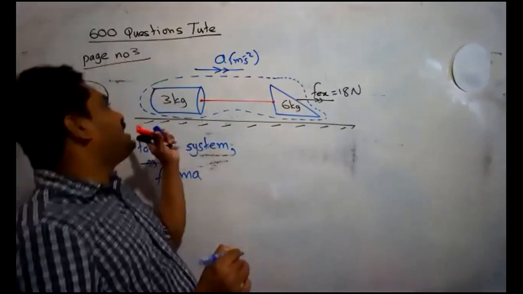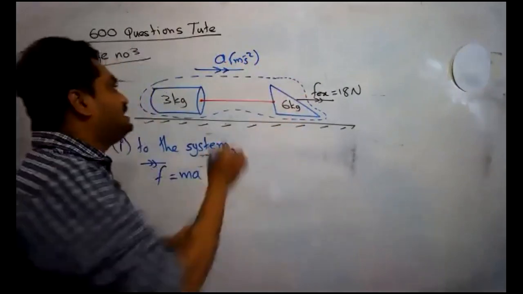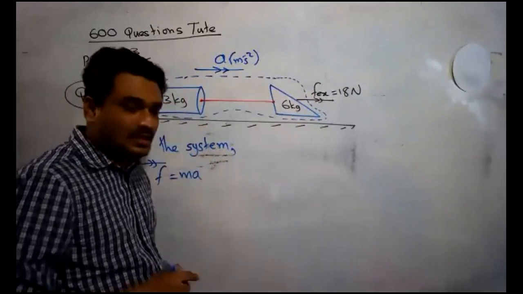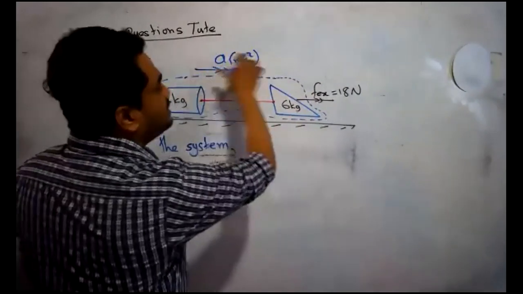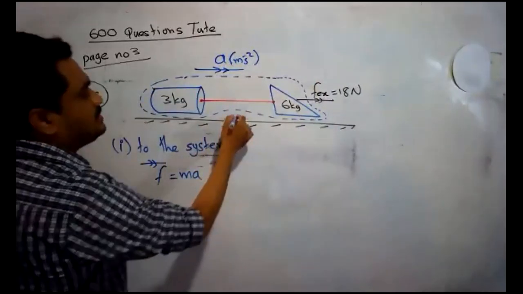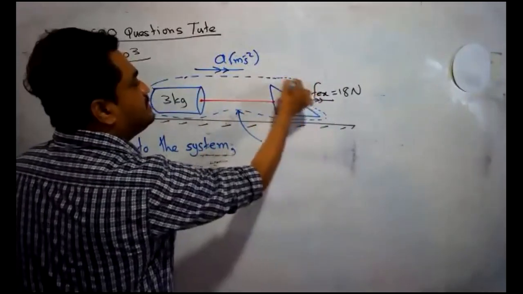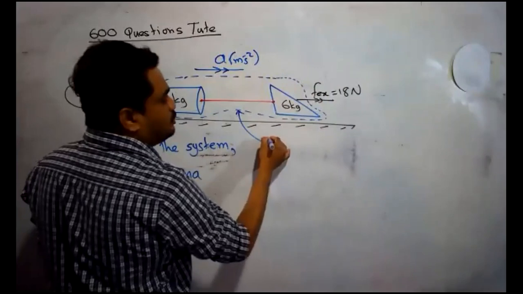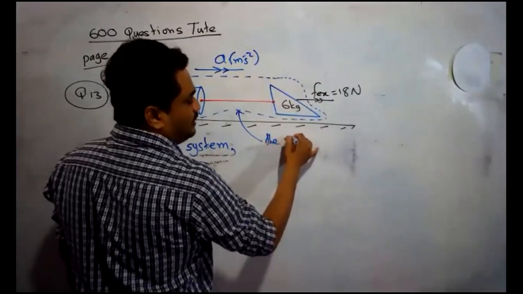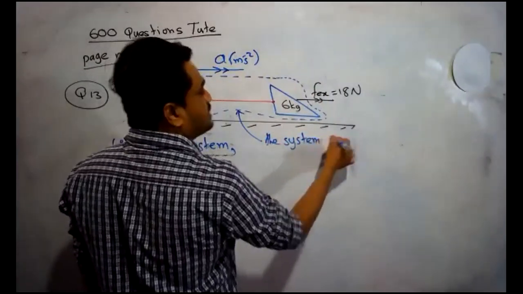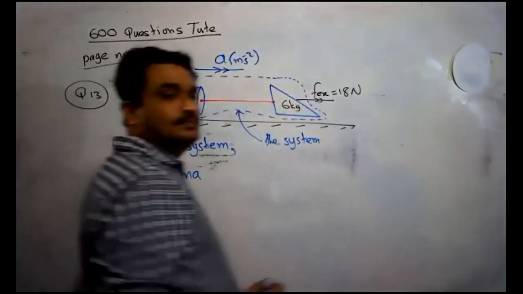If we consider everything as a single system, what is the only force acting on the system? The things inside this dotted line margin are said to be the system. So what is the only force acting on the system, dear?